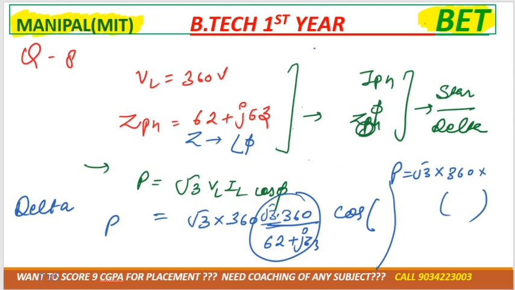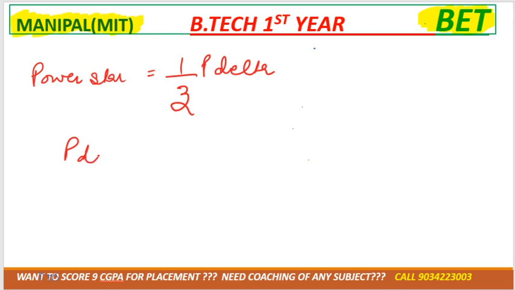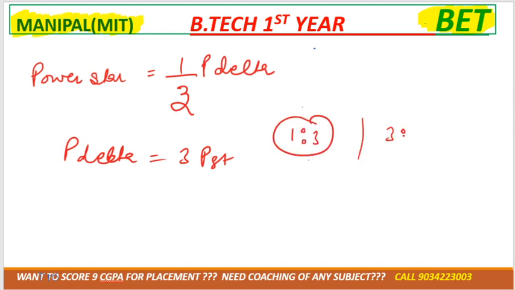So what you will observe, power in the star connection is equal to 1 by 3 of power in the delta connection. Or we can say power in delta would be 3 times power in star. So maybe it's the ratio of 1:3 or 3:1, that depends on whatever they have asked.